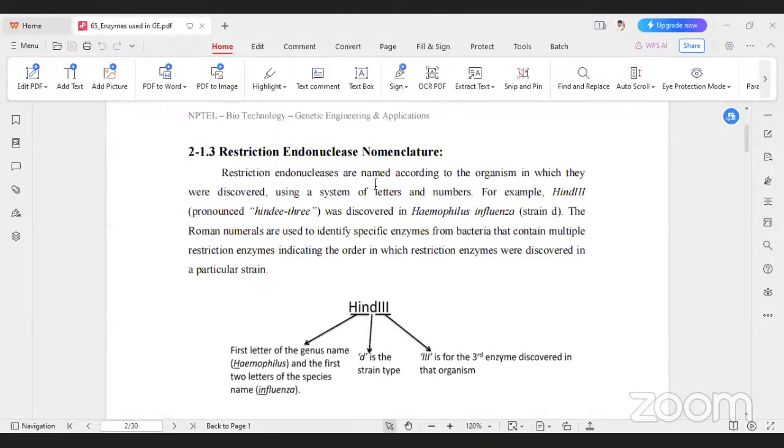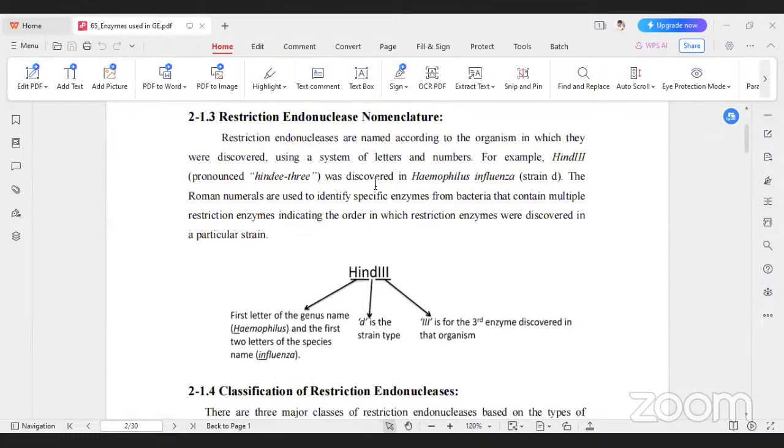Restriction endonuclease nomenclature. Of course, one nomenclature is in the book, and another nomenclature is given here. But anyway, you can write any one, not a problem.